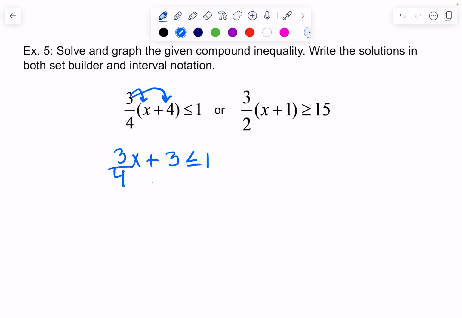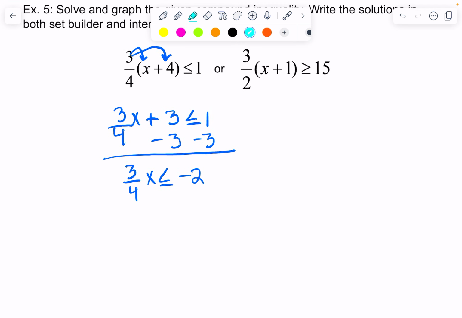I'm going to go ahead and subtract 3 to both sides, giving me 3/4 x is less than or equal to -2.